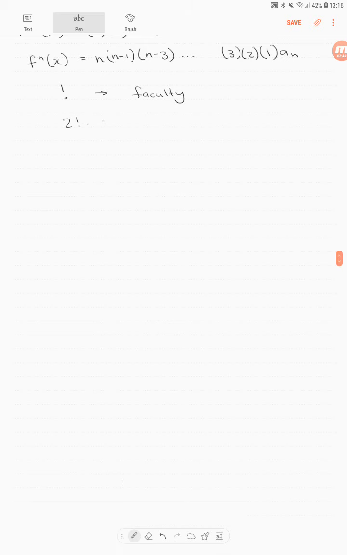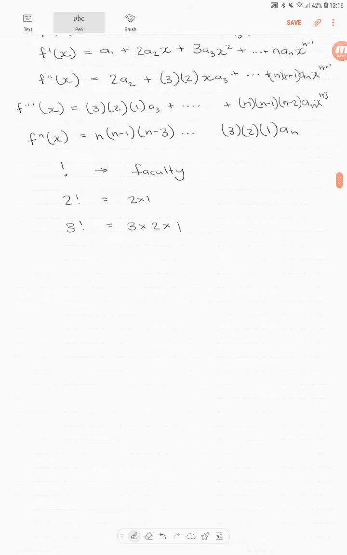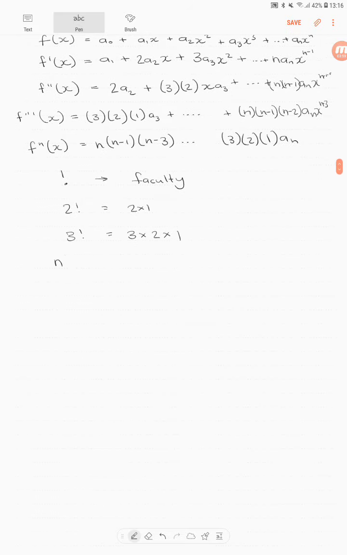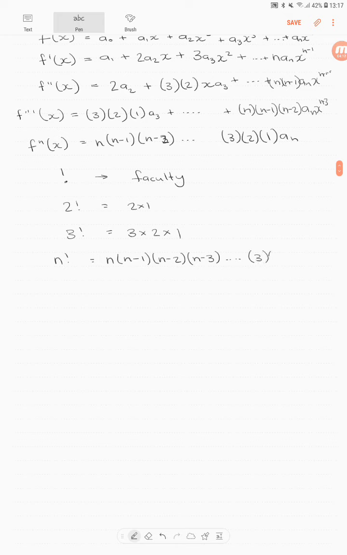So 2 faculty means 2 times 1. 3 faculty means 3 times 2 times 1. So if we go back to our derivatives, n faculty will be equal to n times n minus 1 times n minus 2 times n minus 3 down to 3 times 2 times 1.